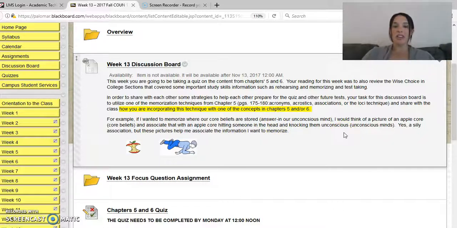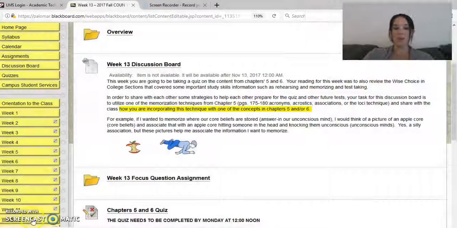This is literally what I thought about when I thought, how am I going to memorize that core beliefs come from our unconscious minds? And I had the picture of an apple core hitting somebody in the head and knocking them unconscious. It's a silly association, but these visual pictures help me associate the information that I want to memorize.